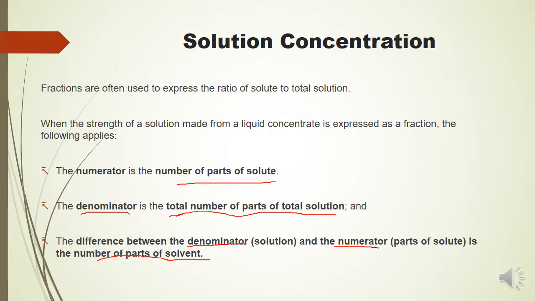That is how much total volume we're going to have. The difference between the denominator and the numerator is going to be the number of parts of solvent.